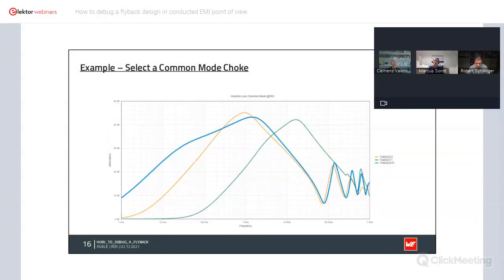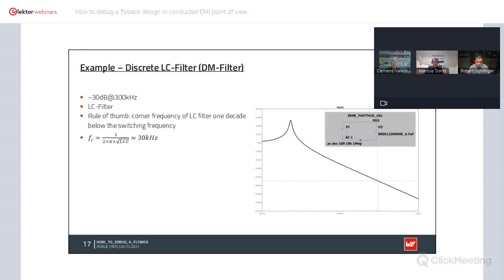And we have the green line, which comes from a nickel zinc component. Because of some experience, I will select the yellow one. At the end of the presentation, I think you will know why I do this. But now I say I use the yellow one.